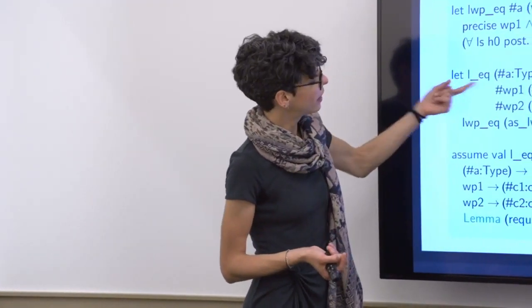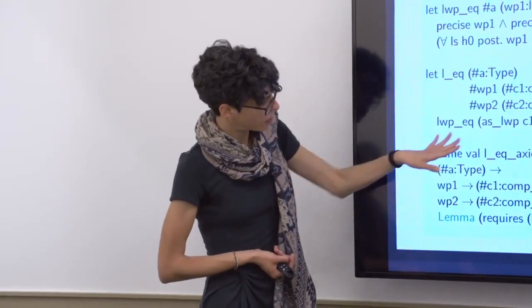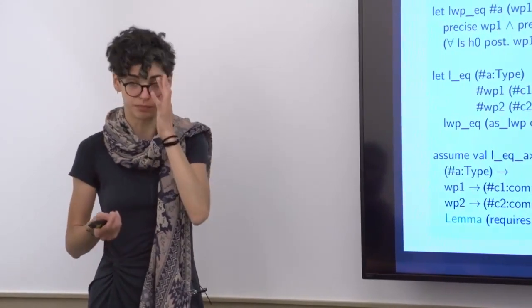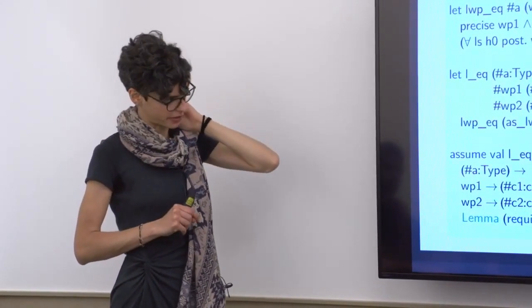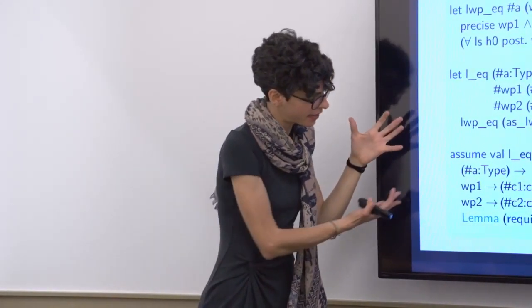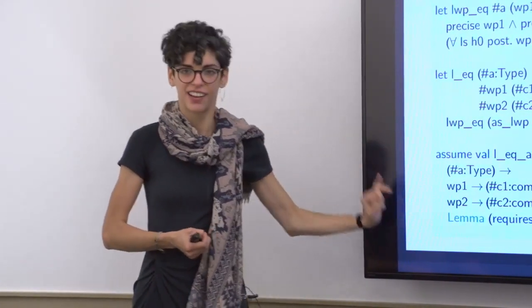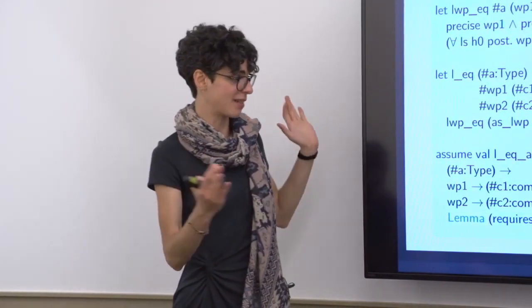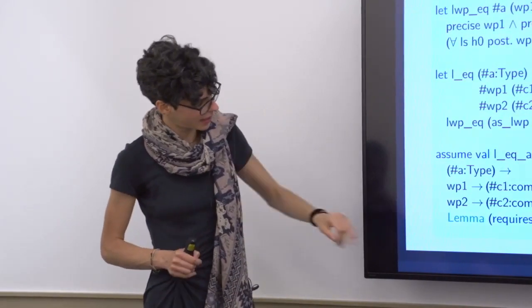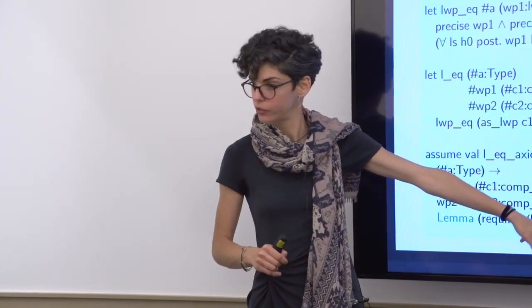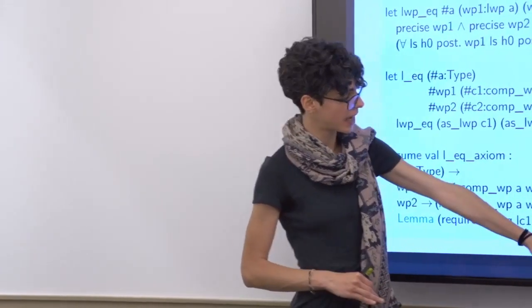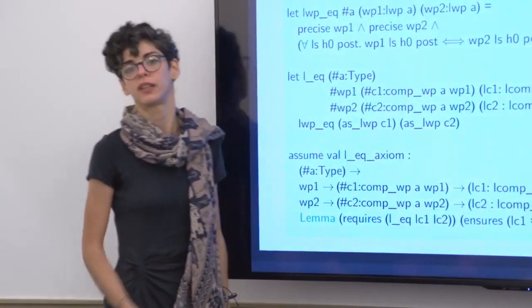Then we define low equality as equality of the low weakest preconditions, and then we extend our assumptions with an axiom that says that if we have LEQ for two low-level computations, then we have equality for two low-level computations.